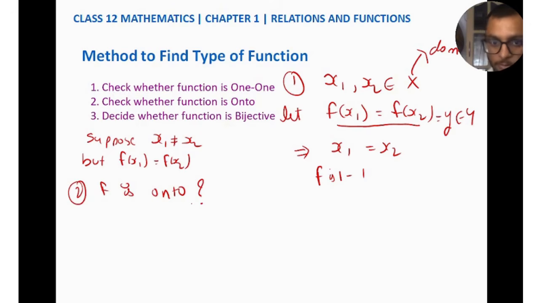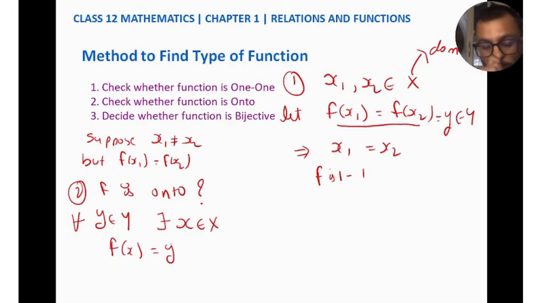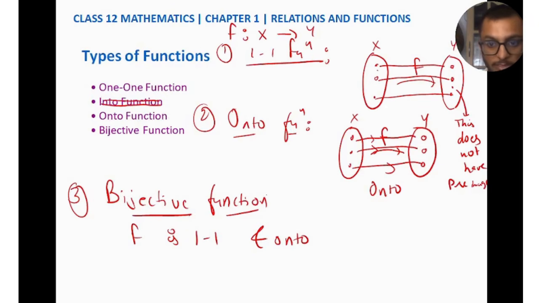For that you have to pick a random arbitrary element from y. That is, you have to pick any element from y, and for every element in y you should be able to find an element from x. That is, there exists some element in x whose image is y. Why will this give onto? Just see, let me show it here.